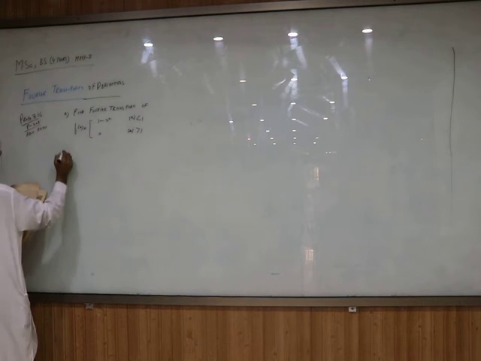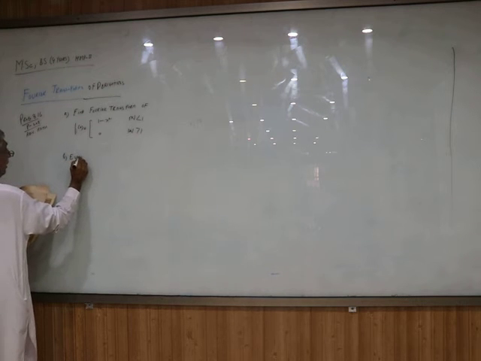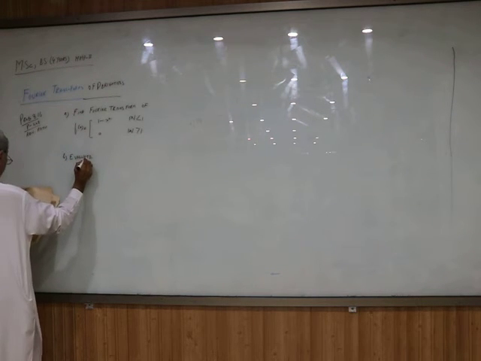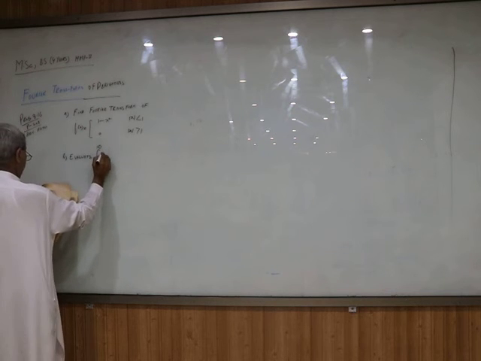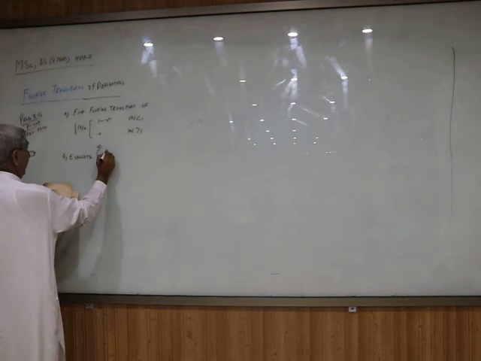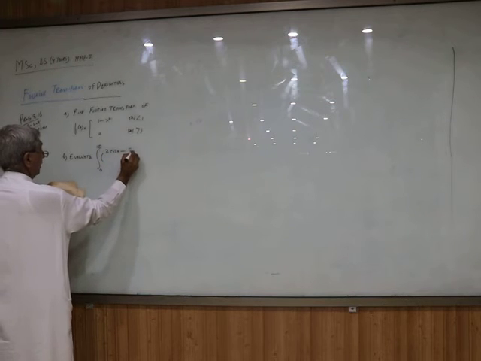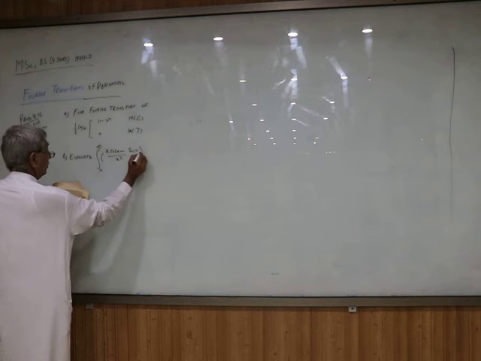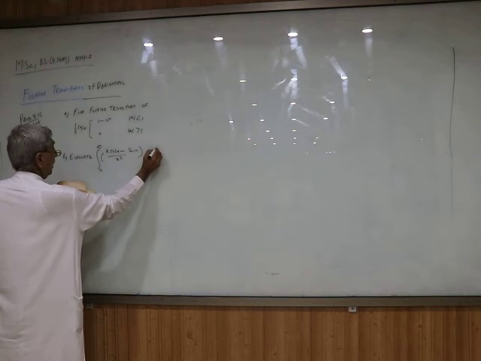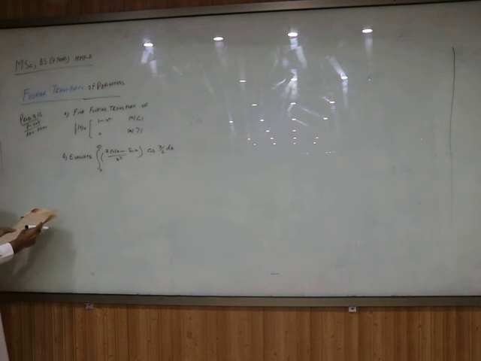B. Evaluate the integral from 0 to infinity of (x cosine x minus sine x) divided by x cube, times cosine of x over 2, dx.